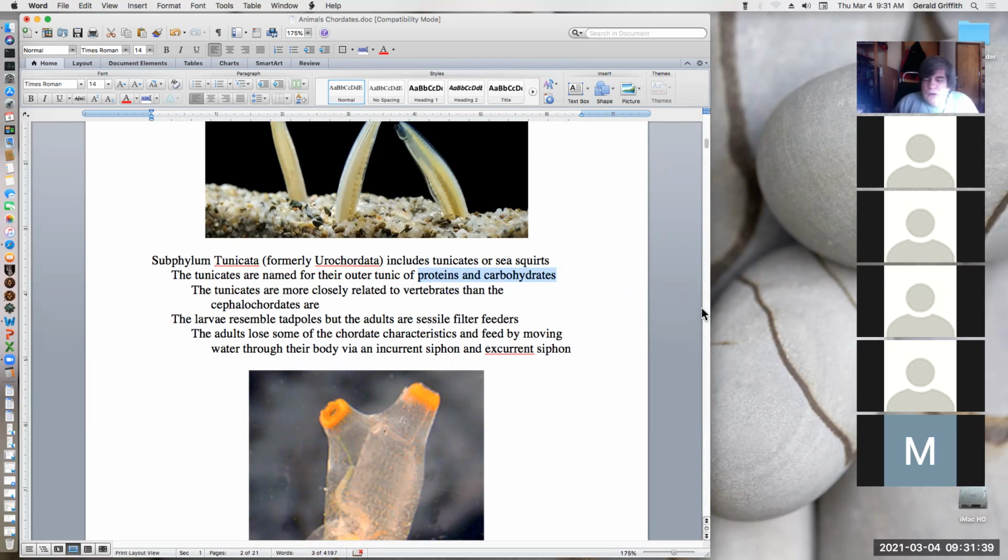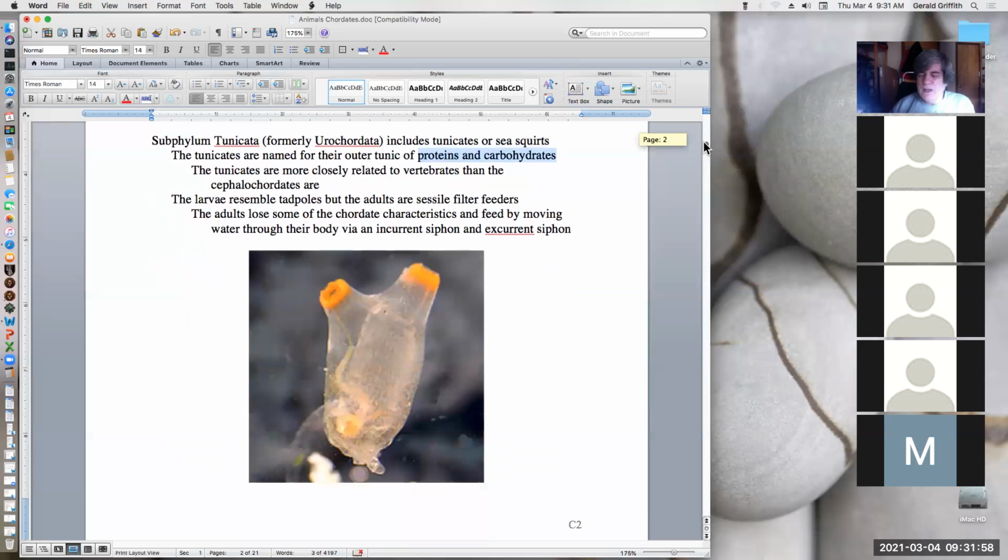Even though they don't look as similar to the vertebrates as the cephalochordates do, as I say, the cephalochordates kind of look like a tadpole, the tunicates are actually more closely related. Their larvae look like tadpoles, but once they become an adult, they settle down and they pump water through their body.